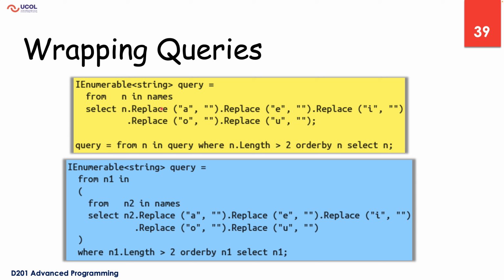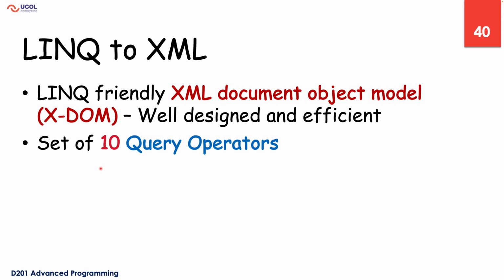Instead of first replacing and then using length and order by, we say from n1 in this query. First it will execute, so it is more like a subquery that has been wrapped within the query. Again, this is more like a subquery.